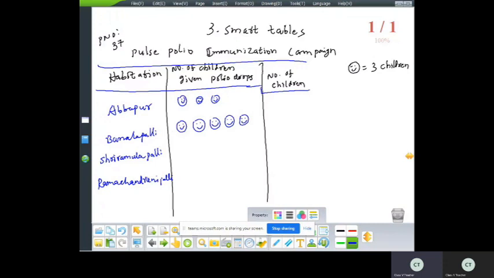Sriramlapalli, 6 faces. Ramachandrunipalli, only 2 faces.